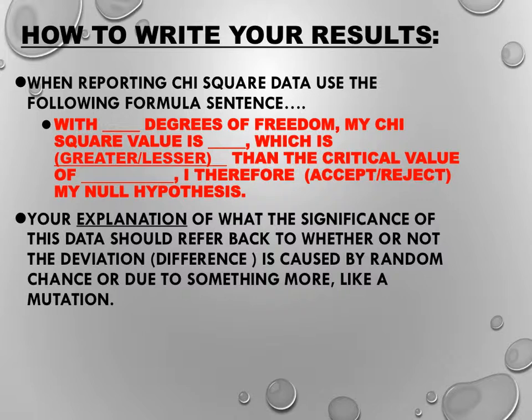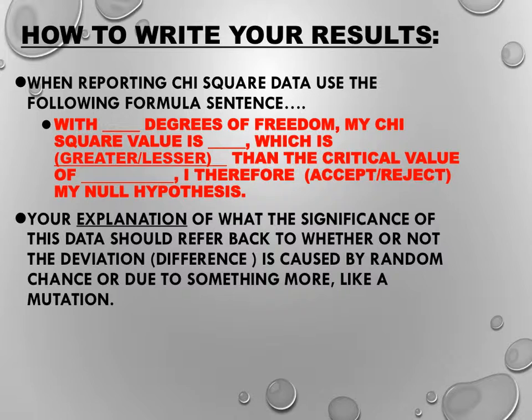My chi-square value is blank. So this second blank is where you would tell me what your chi-square value is. Then you would go on to say which is greater or lesser than the critical value. So you would choose one depending on what it is. If it's bigger than, you'll say greater than. If it's smaller than, you'll say lesser than. Okay, then I would like you to state what your critical value is.